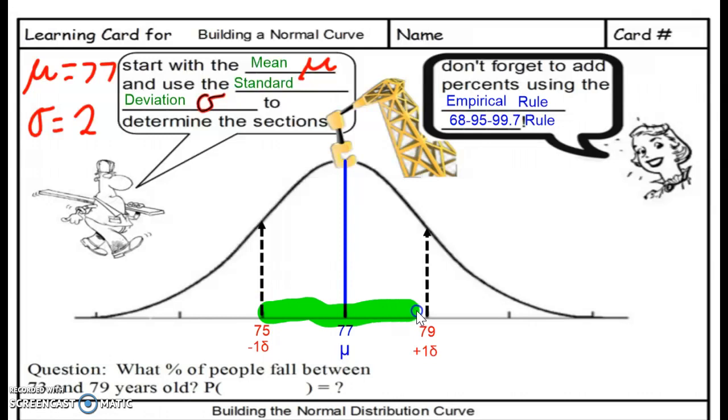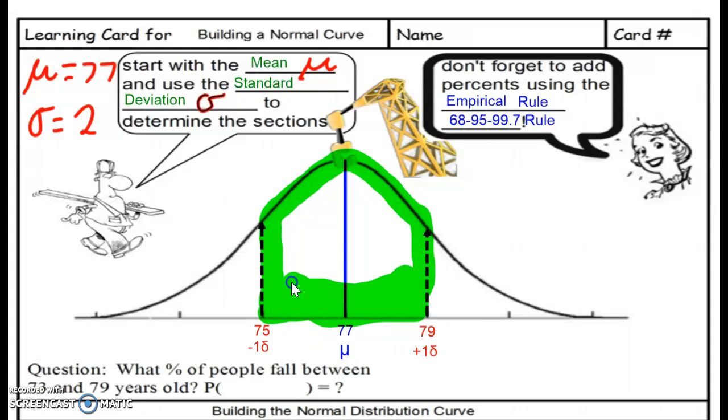If I highlight this section right here, this entire green section that's being highlighted would represent 68% of all the data that is underneath of this curve. So all of this in green is 68% of everything that's under the curve.